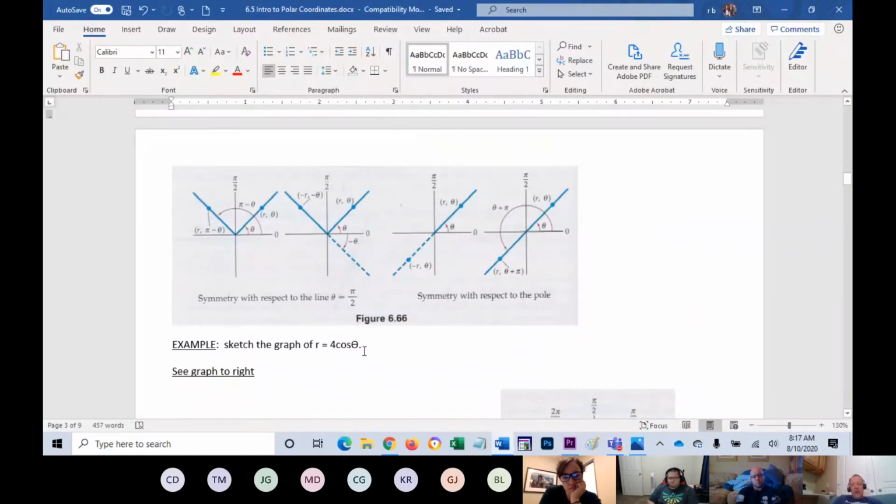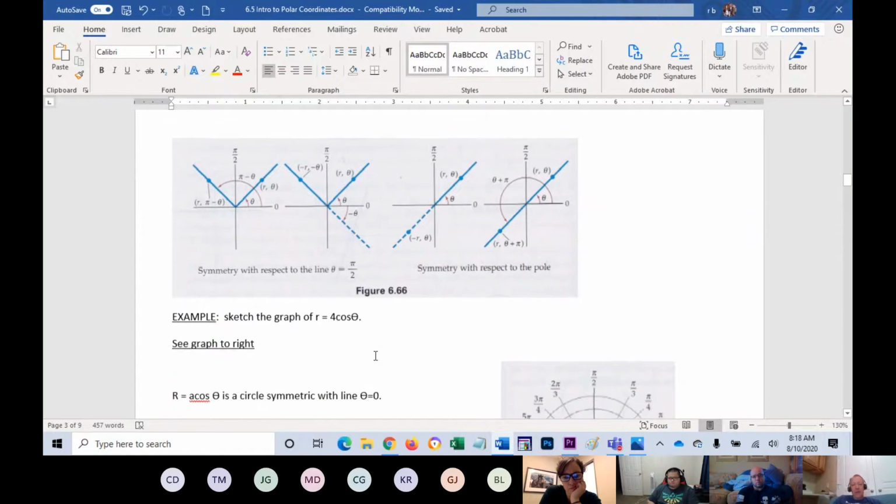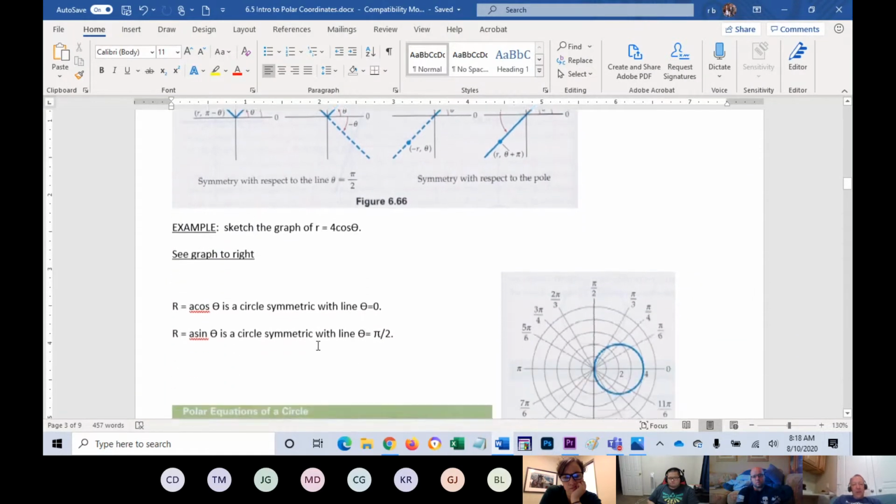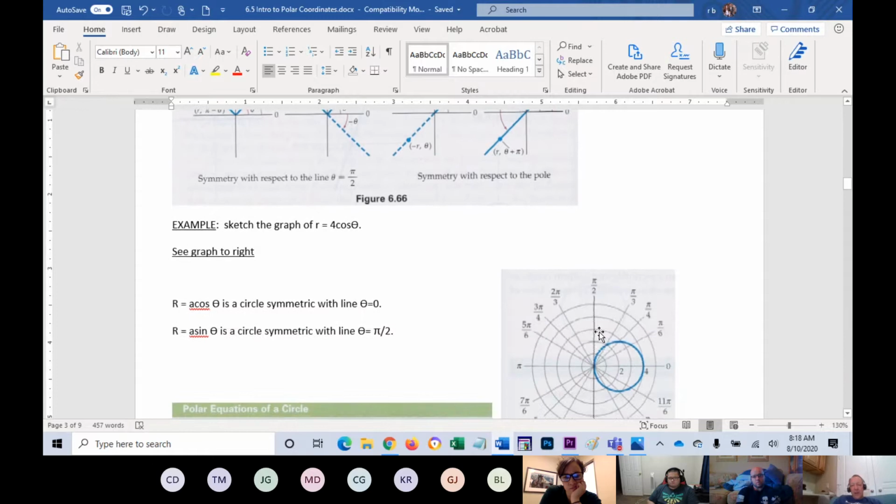Now, you'll find here that in some cases things are easier and in some cases they're a little bit harder. So sketch the graph of r equals 4 cosine theta. The nice thing about that is, in polar coordinates, this becomes simply a circle.